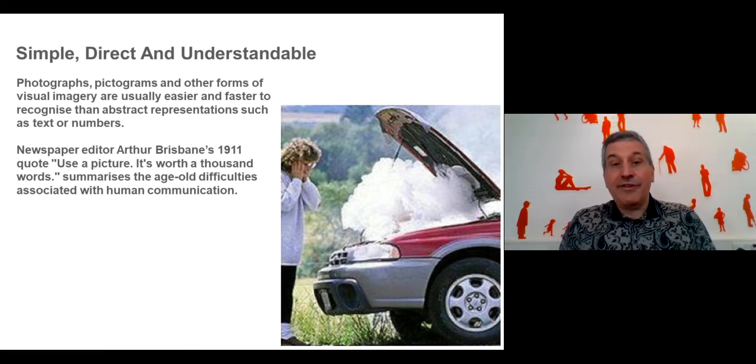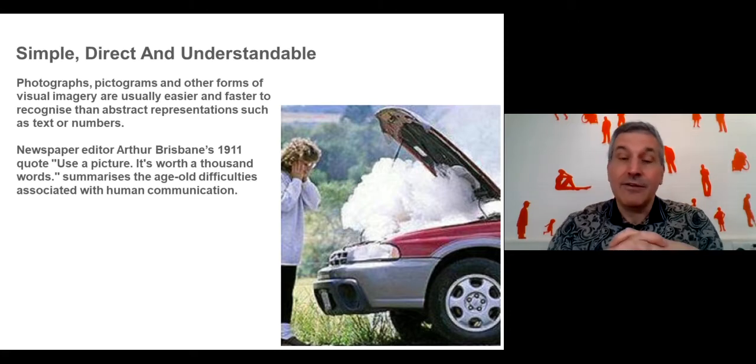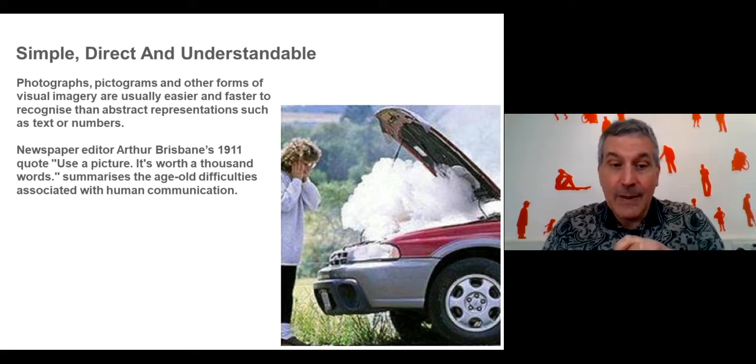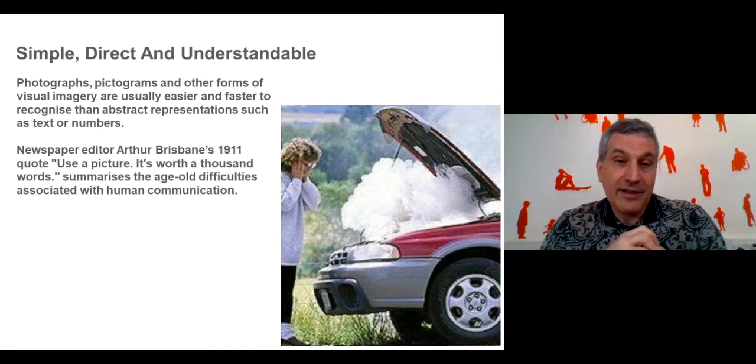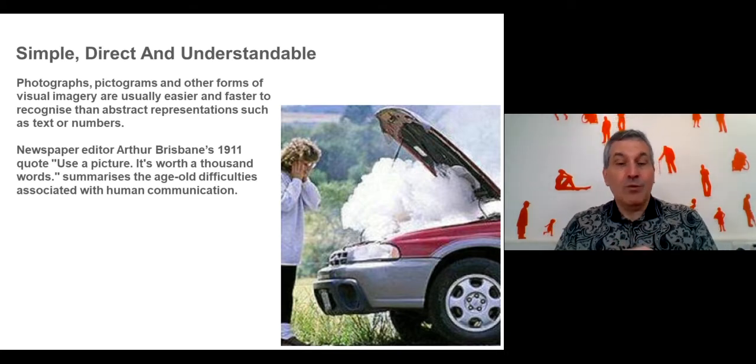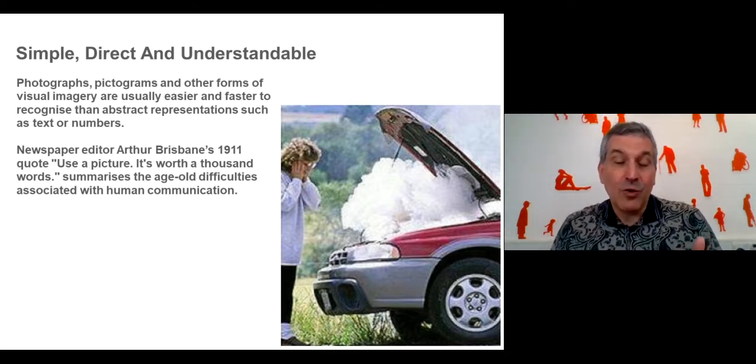Simple, direct, and understandable, quite often in design terms, translates into I wonder if I can convey this with an image, particularly a picture, because it's going to say so much more than what I can achieve with a number or with some words.